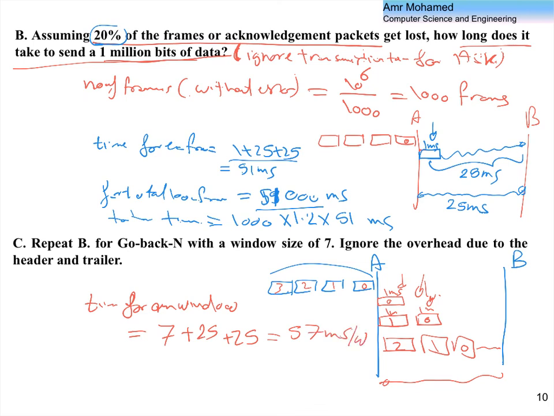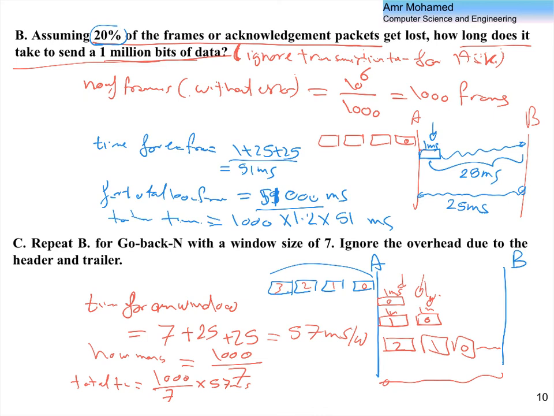So how many windows? Exactly, 1000 frames divided by 7. So the total time is 1000 divided by 7 times 57 milliseconds. Again, this is an ideal world.